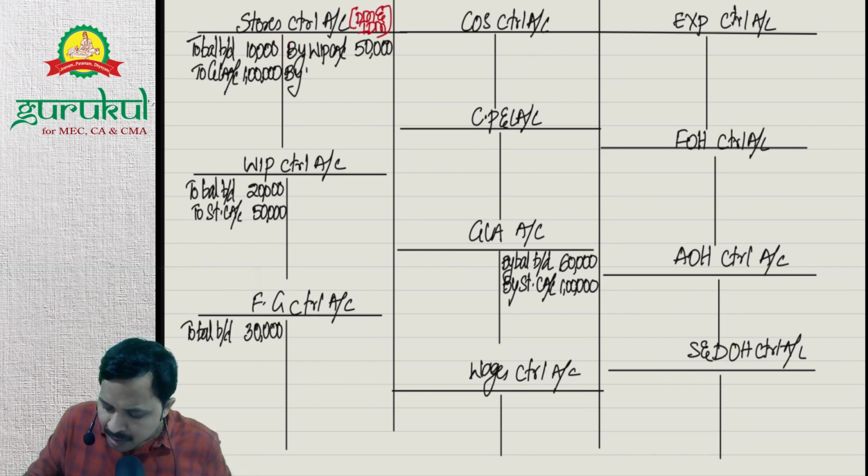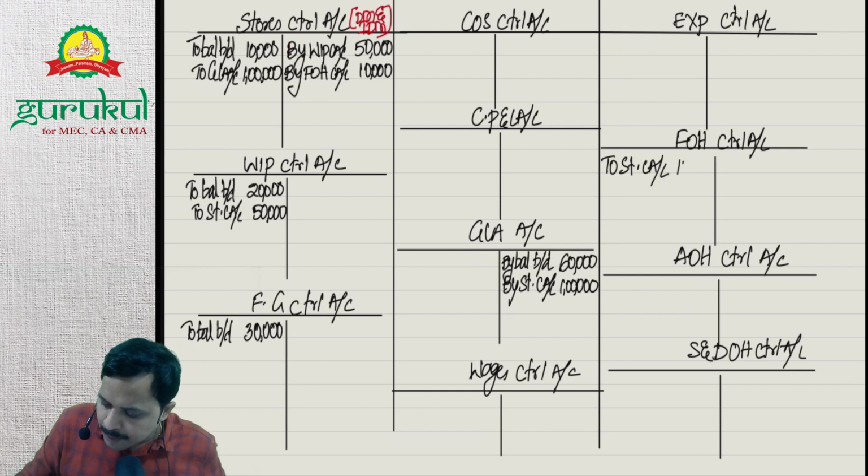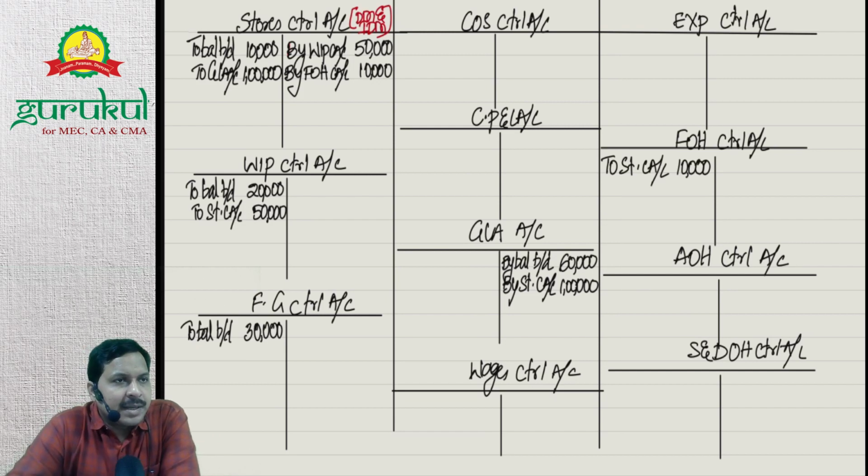Let me write in stores control account by factory overheads control account 10,000. In factory overheads to stores control account 10,000. Now tell me, what is the entry? Factory overheads control account debit to stores control account.